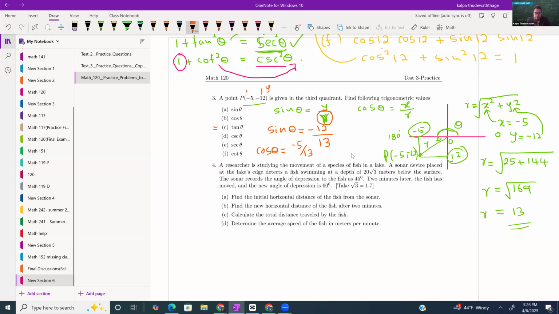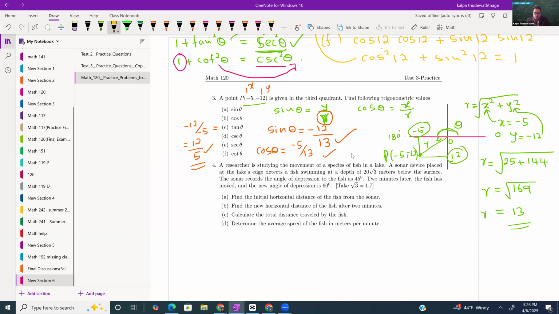So this is your y, this is your x. If you divide -12 by -5, you get 12 over 5. Okay, so yeah, it's third quadrant, tan is positive. Sine, cosine, negative. Very clear. And it's verified by my calculation.